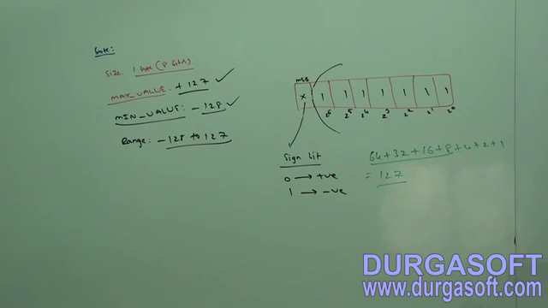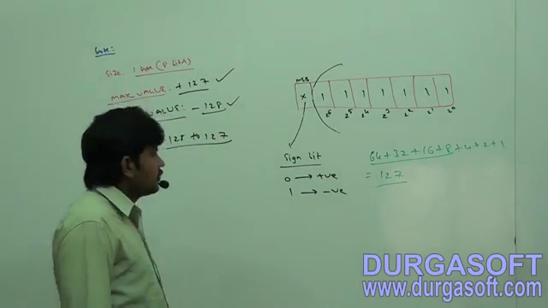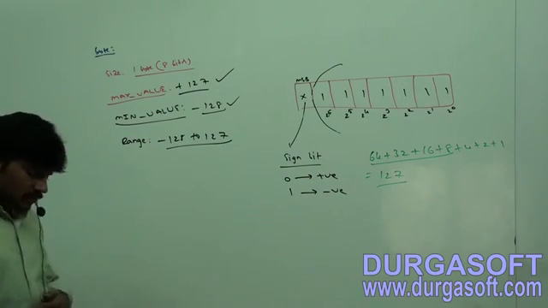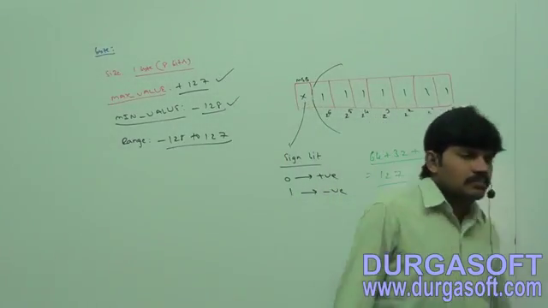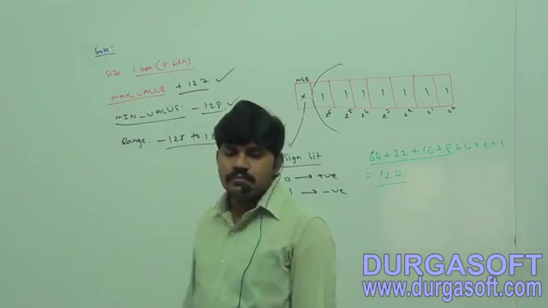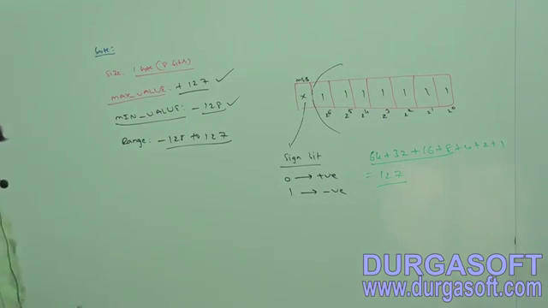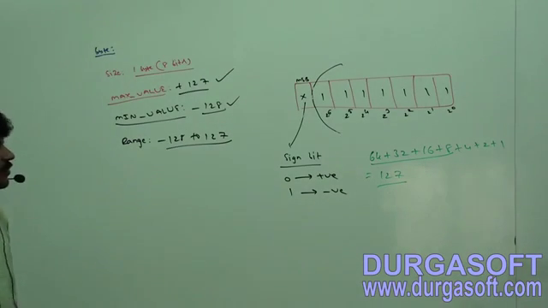Make sure you take this diagram also on the right hand side. Completed, I hope. Sign bit: 0 means positive number, 1 means a negative number.